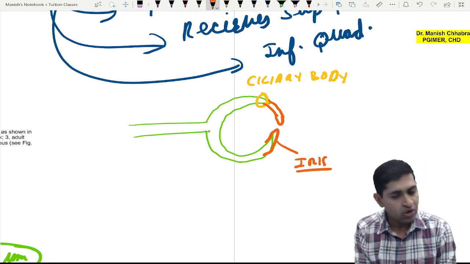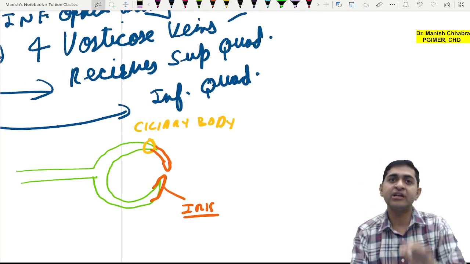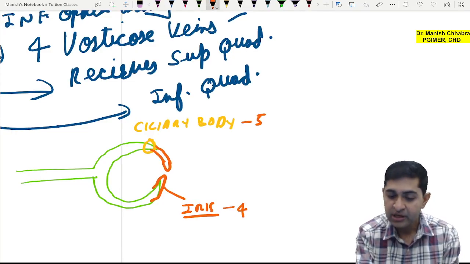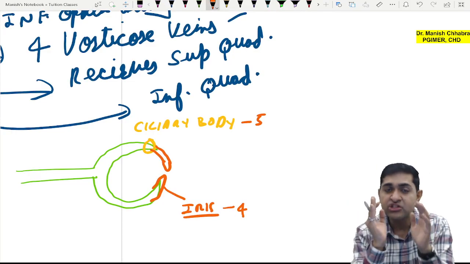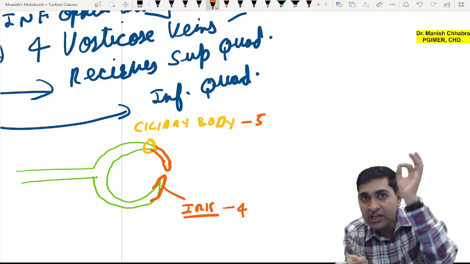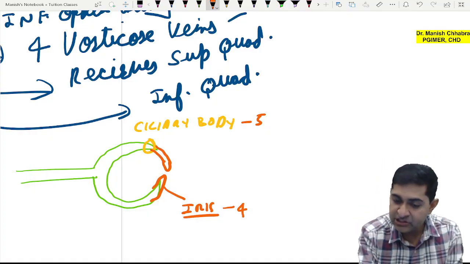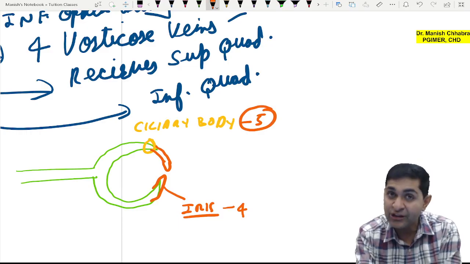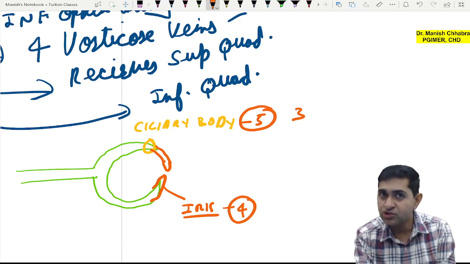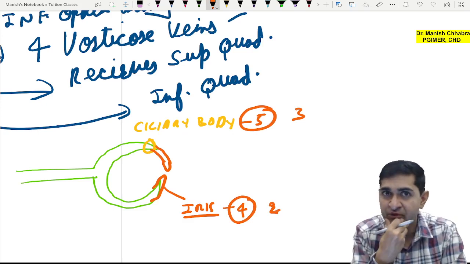Understood? Okay. Now the ciliary body has 5 layers while the iris has 4 layers. Out of the 5 layers, these 2 layers are the same in the ciliary body as well as in the iris. So in the ciliary body, how many layers do we actually need to remember? 3 layers. And in the iris, how many layers do we need to remember? Just 2 layers. It becomes very easy, conceptual.